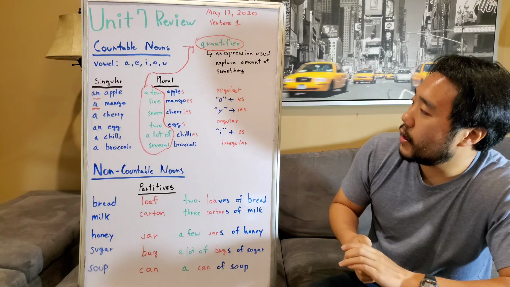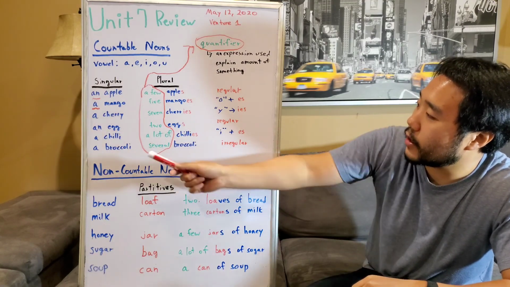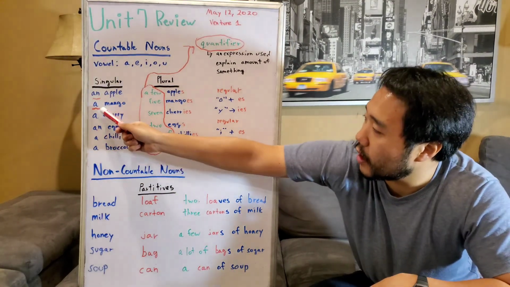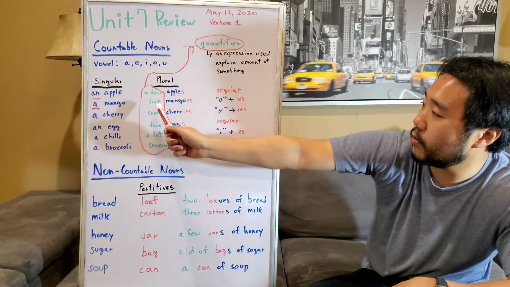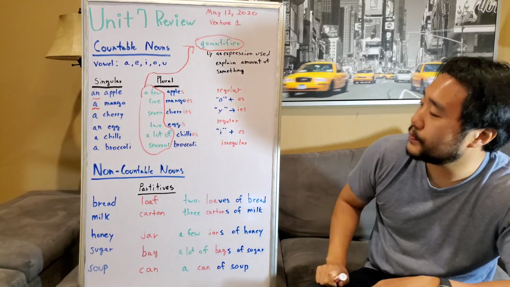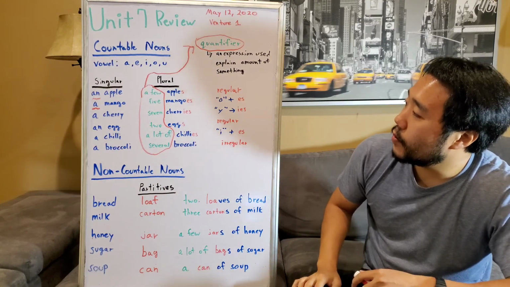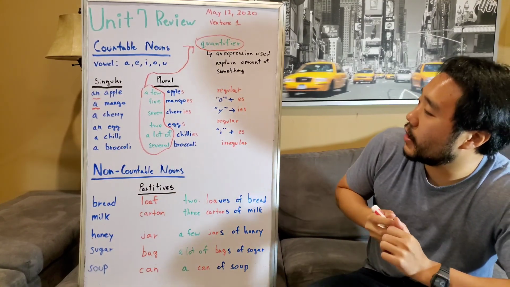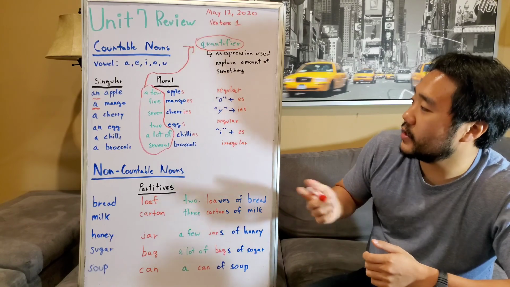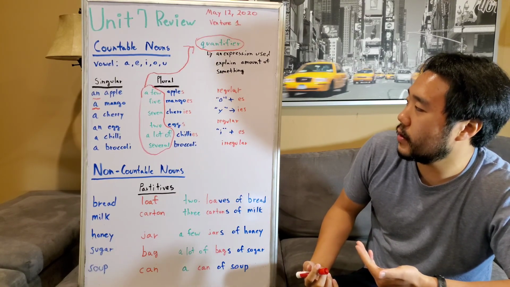But let's take a look at mango. We have 1 mango, so it's a mango. And then plural, 5 mangoes. Here we added letters E and S together, so mangoes.